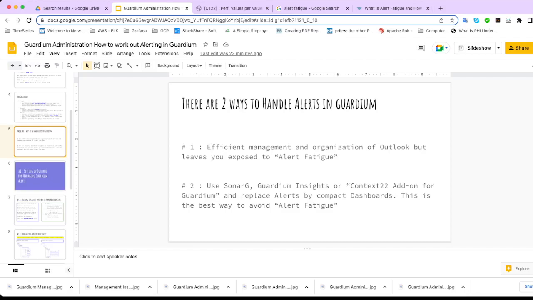Okay. So the second approach is to forget about the alerts and instead replace all the alerts by compact dashboards that are going to give you the equivalent of the alert and give you the contextual information. So it's much more efficient. You avoid alert fatigue.